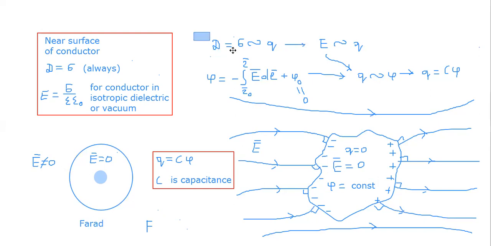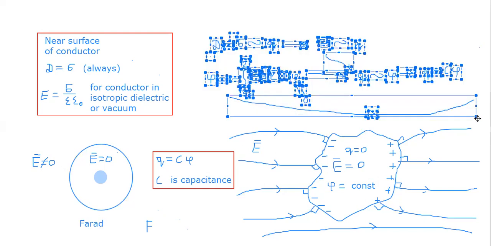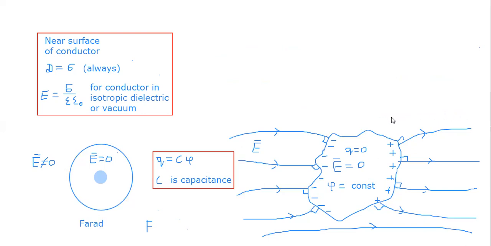And it means that the presence of electric charges near the surface of a conductor will change its capacitance. This property, the dependence of capacitance on the presence of electric charges, can be used in industry.